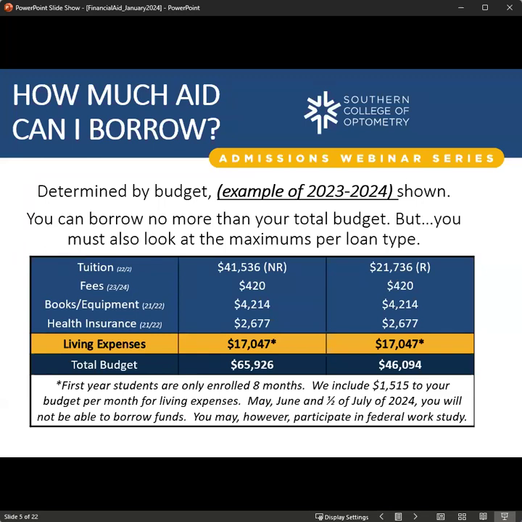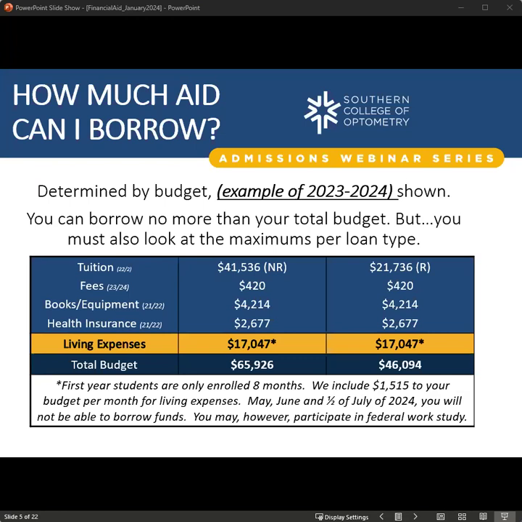But as of today, normal tuition is $41,536. If you're on a contract seat, which we talked about in the new student interview luncheon, it's whatever the state pays as a pass-through to the tuition.